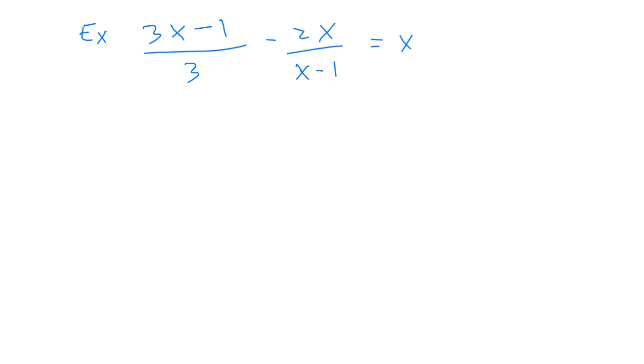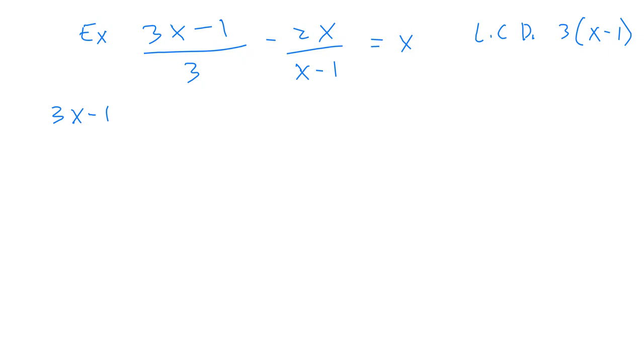On the second rational expression, you have x minus 1. So therefore, my LCD here would be 3 times x minus 1. I have to multiply that LCD to the first term and the second term and on the right side, which is the third term.